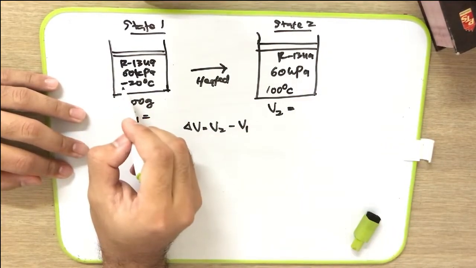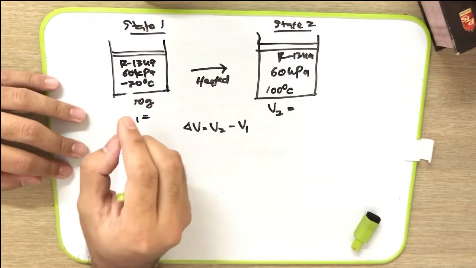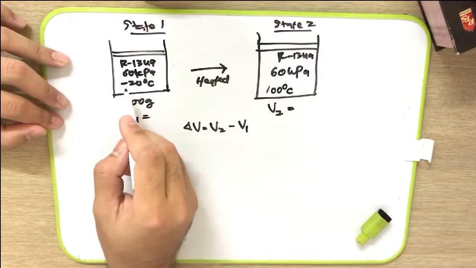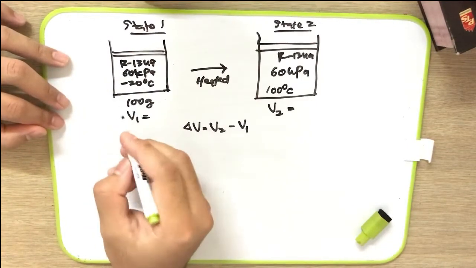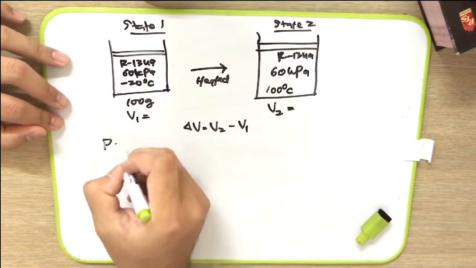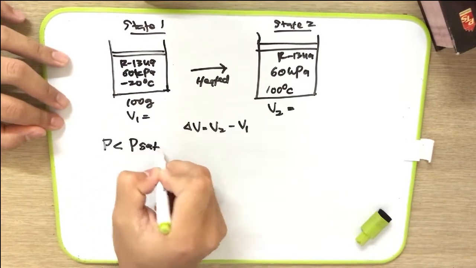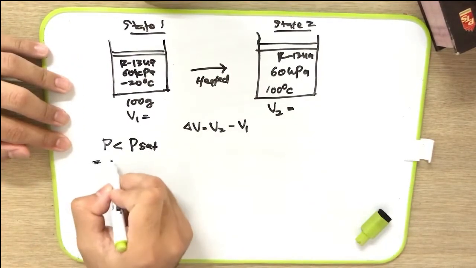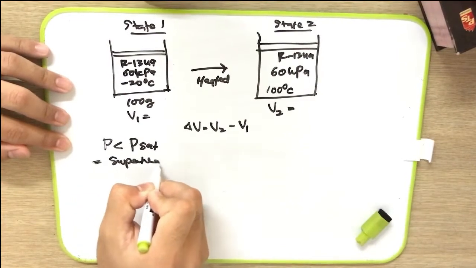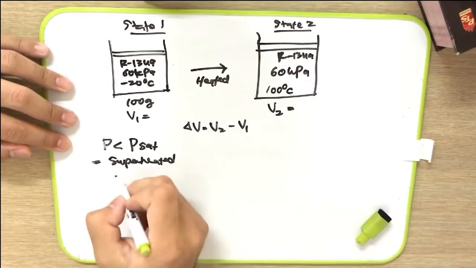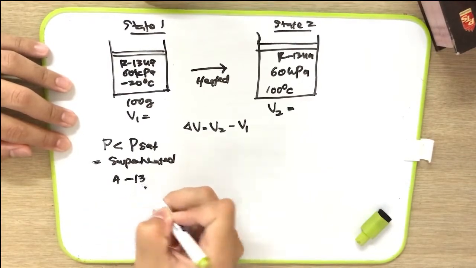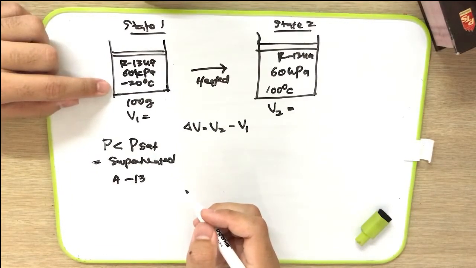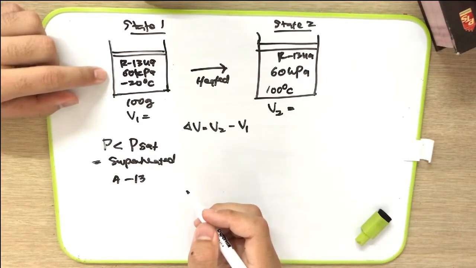Using pressure and temperature, we can find the phase for each state. From table A11 at T -20 degrees C, we found that the P here is lower than the P saturated. According to the phase condition, when P is lower than P saturated, it is superheated. When it is superheated, we go to table A13. From table A13, we check at temperature -20 degrees C and pressure 60 kilopascal.